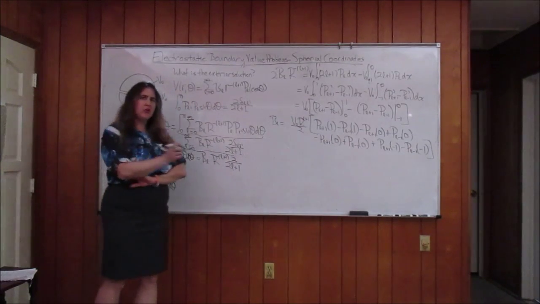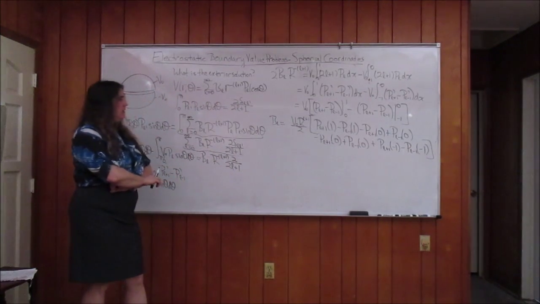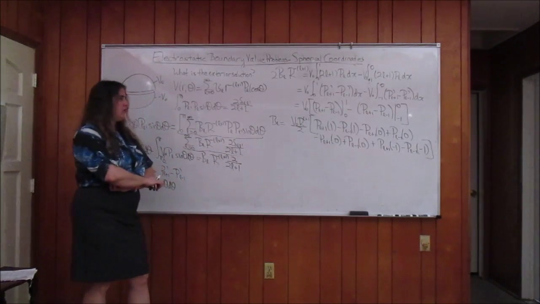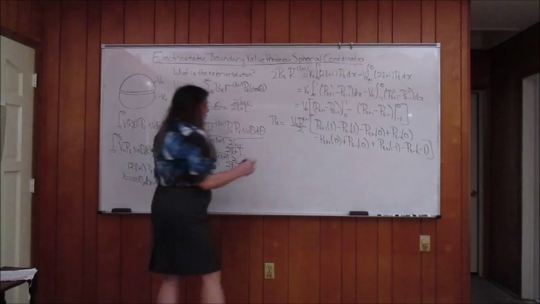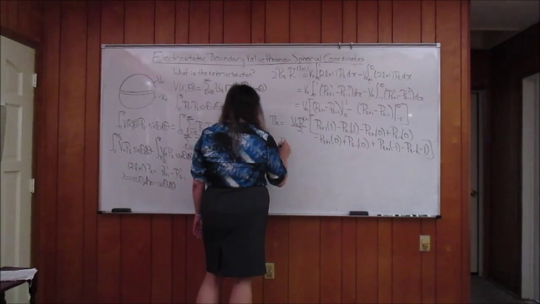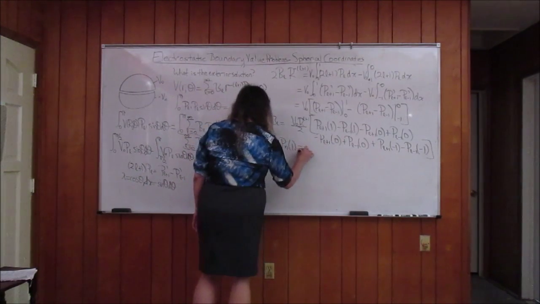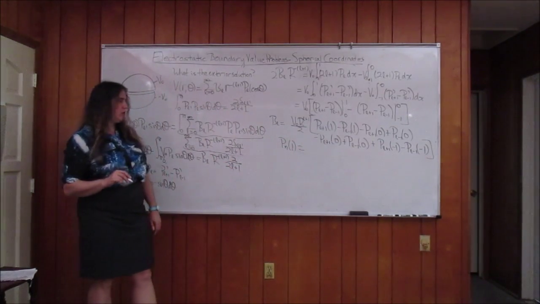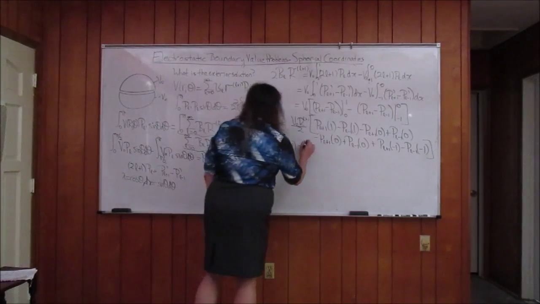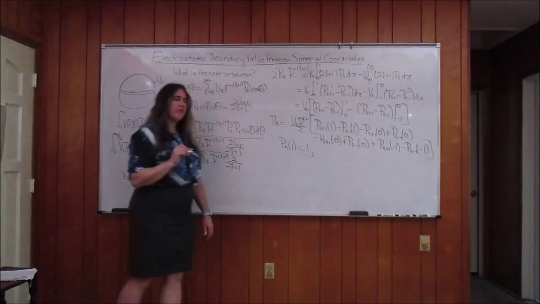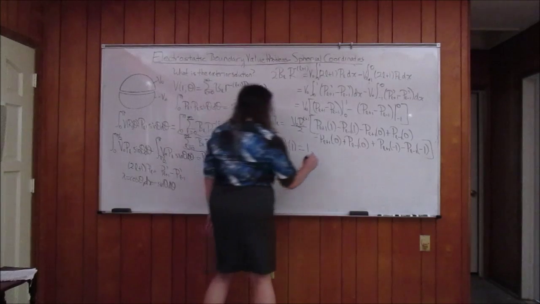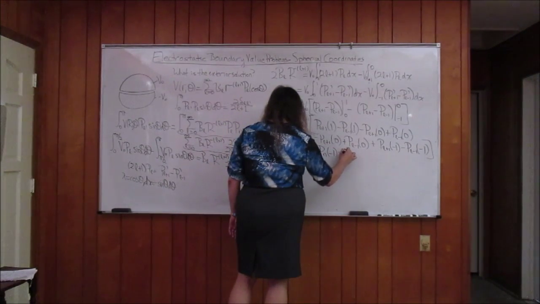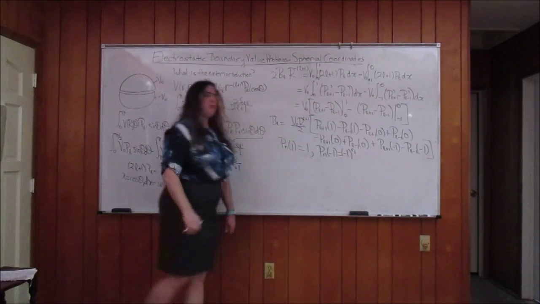So again, this is where it comes in useful to have a list of values on hand. In other words, the Legendre polynomial when the argument is equal to 1, regardless of the order, is always equal to 1. If you happen to have minus 1, that's equal to minus 1 at the end.